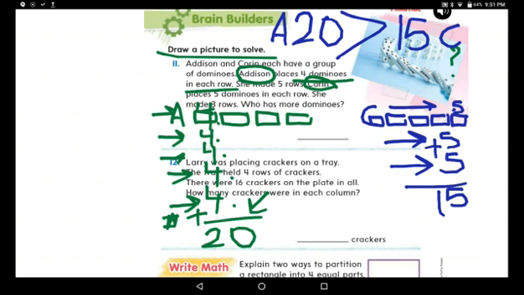Now, who has more dominoes? Can I write the 20 in the blank? No way, because they didn't ask how many dominoes. They said who has. So the question is about the person who has more dominoes. So who has more dominoes? Is it Addison or Corin? So it is Addison.